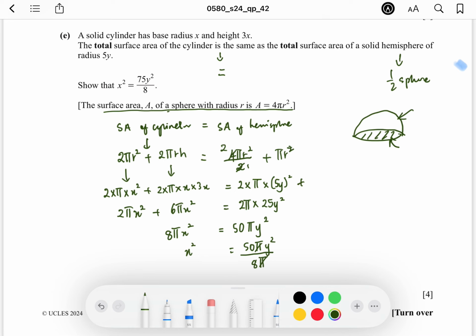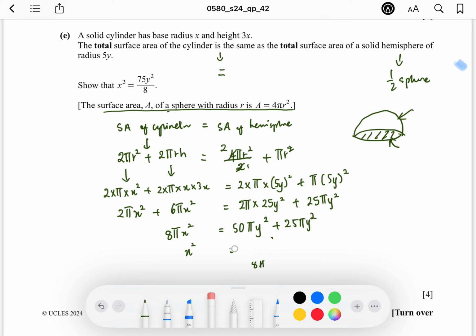Replace sudah kan? So pi 5y square. So plus 25 pi y square. Yeah, right. Plus 25 pi y square.